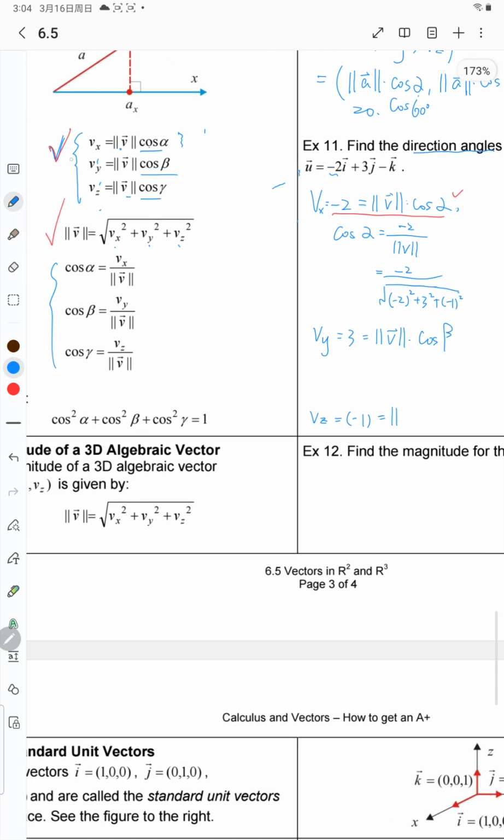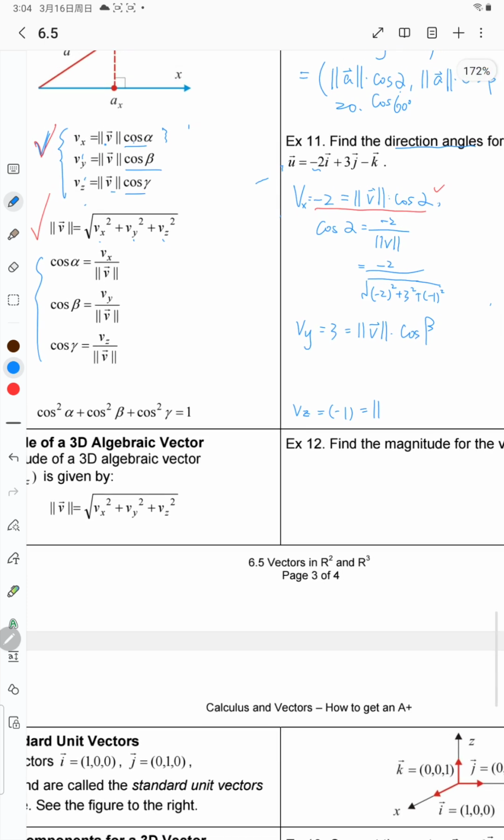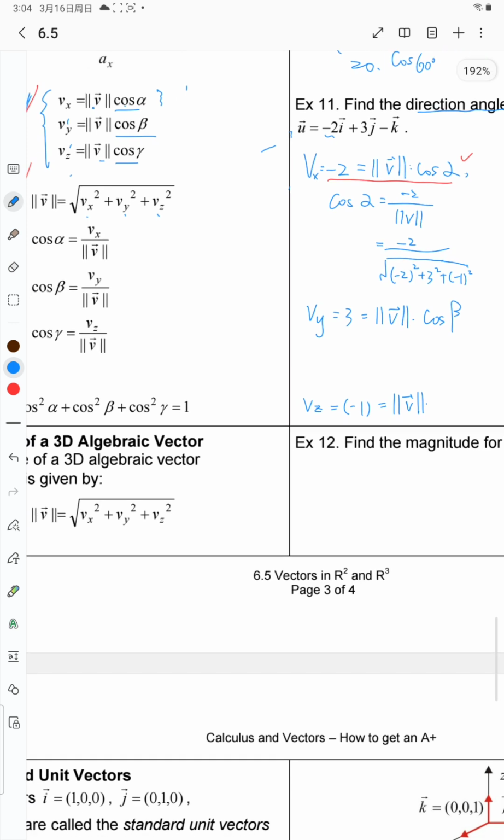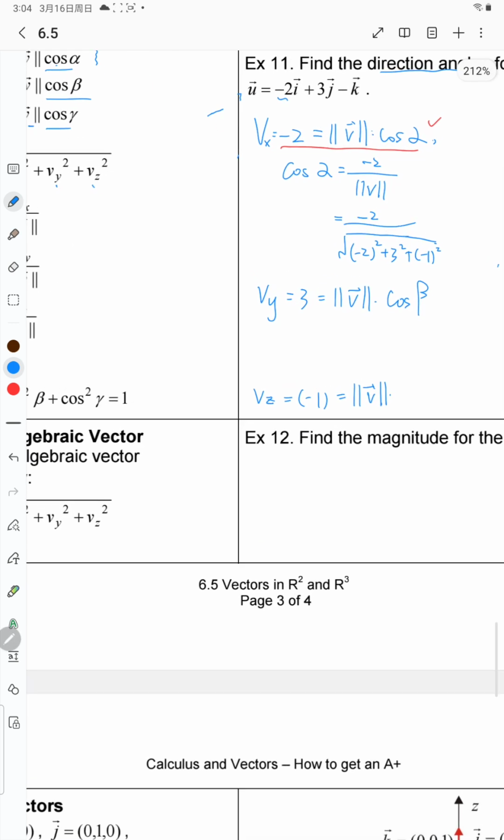I just remember one of these, because I know in the exam I couldn't remember everything, so I'm just gonna pick something that I'm comfortable to remember. If you can directly write these out, no problem, but this is natural to me. The z coordinate, -1, is v times cosine gamma, okay? And if I have this, it'll be easier to write out that cosine beta is equal to blah blah.